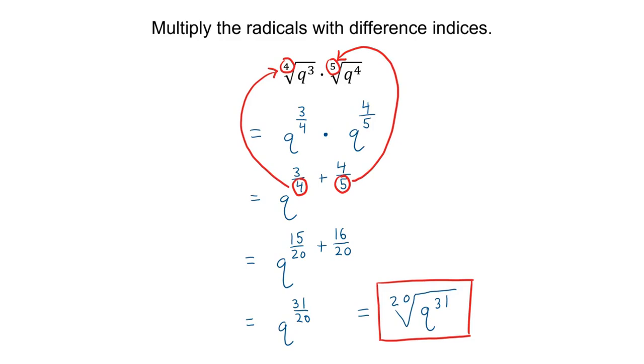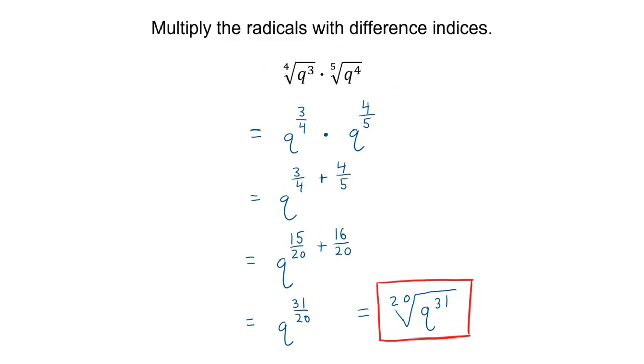But here's the connection that I want us to make. Because each of these indexes were the denominators of our exponents, when we were finding a common denominator so that we could add these exponents together, we were really finding a common index. So finding a common denominator for exponents is the same thing as finding a common index.